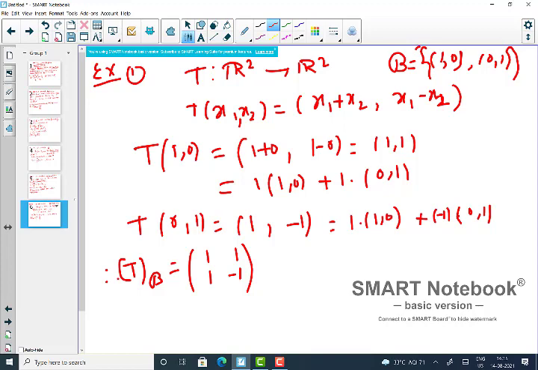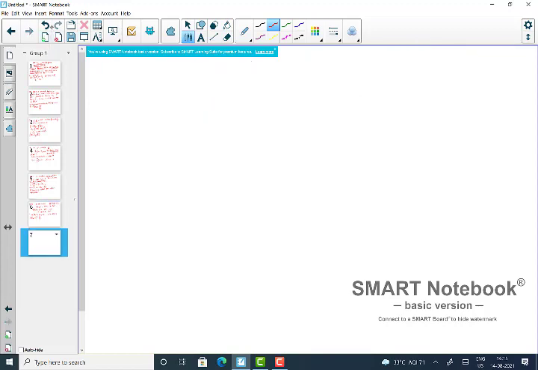You can have many examples. Maybe you can consider the derivative map from the space of polynomials of degree at most 3 over the real numbers to the polynomials of degree at most 2.